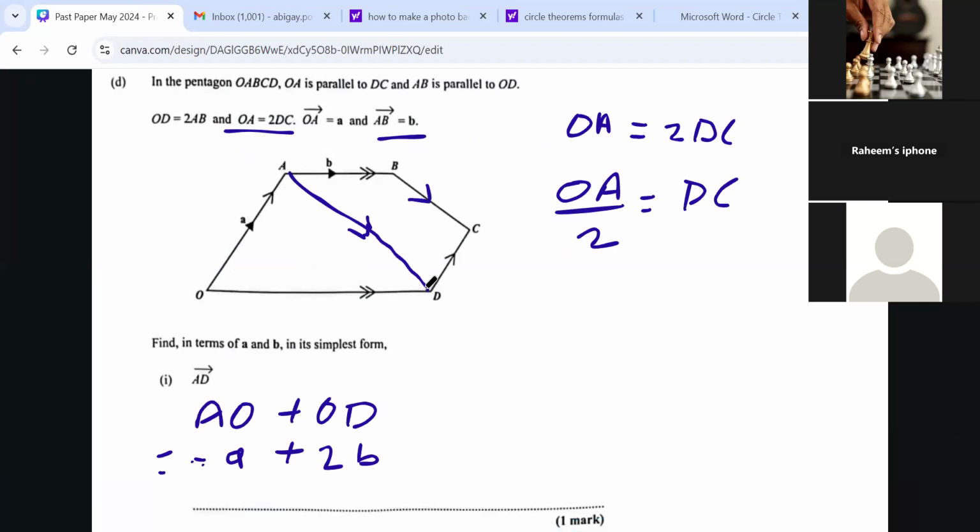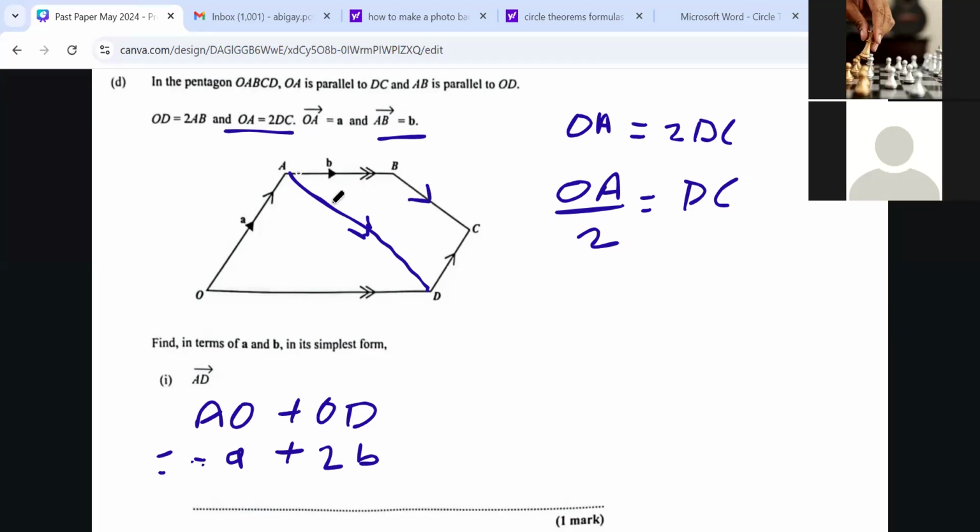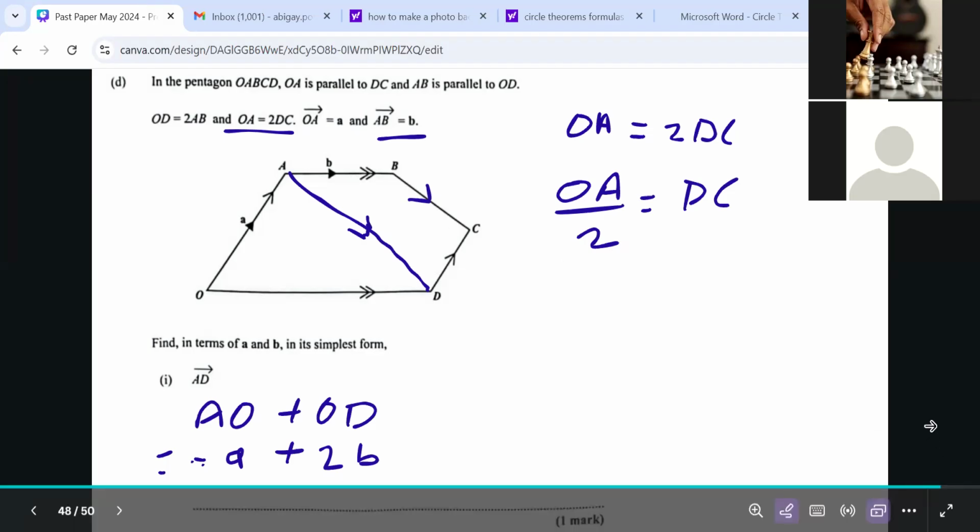So based on this, we can say that it is parallel, right? You see, that's why it's good to draw. So we can observe that it is parallel.